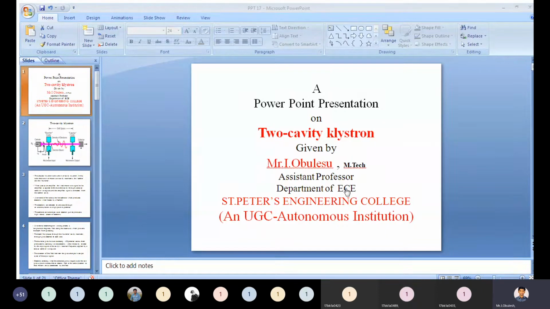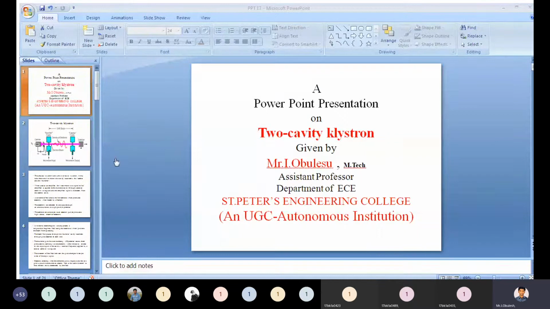At one end of the tube is the hot cathode, which produces electrons when heated by a filament.